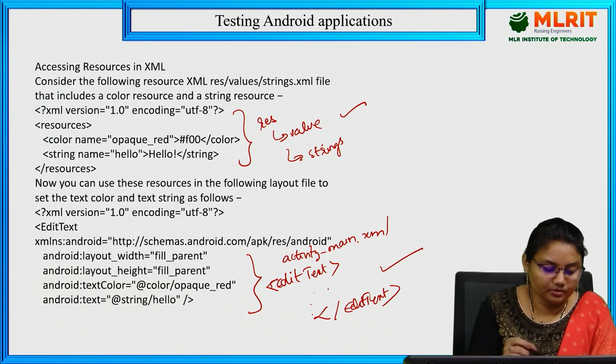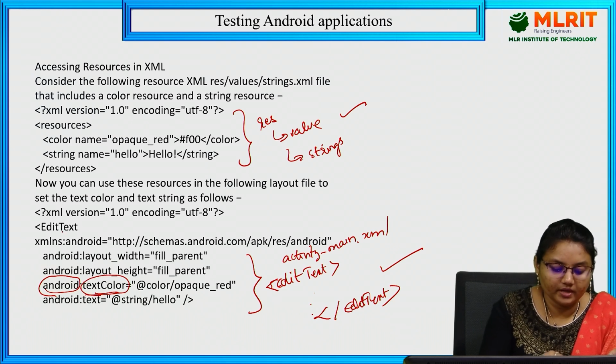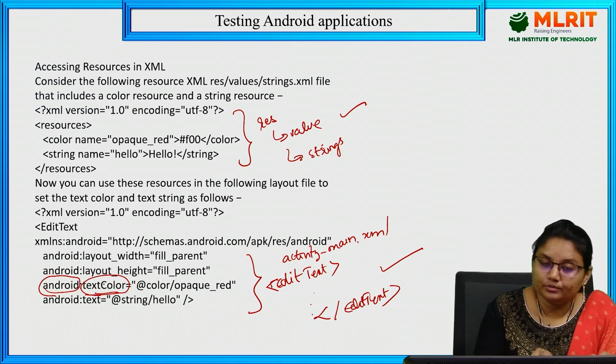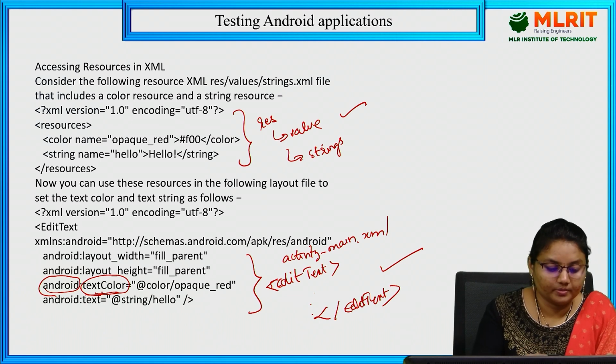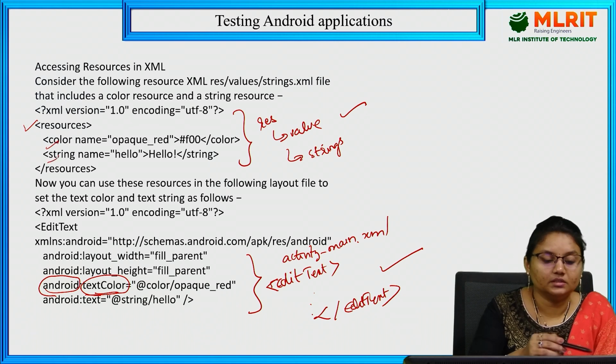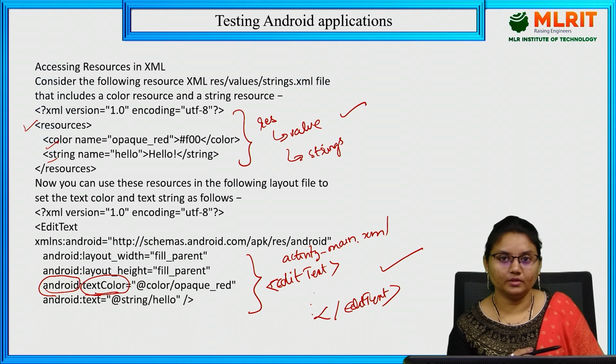In this way, if you are doing it, you have to give android text color. What is this text color? It is an attribute name which is there in the EditText. But if you don't want to use so many attributes in the component, then directly go to the values, and under the resources parent tag, you can define the subtags like color, strings, or whatever dimensions you wanted to give.